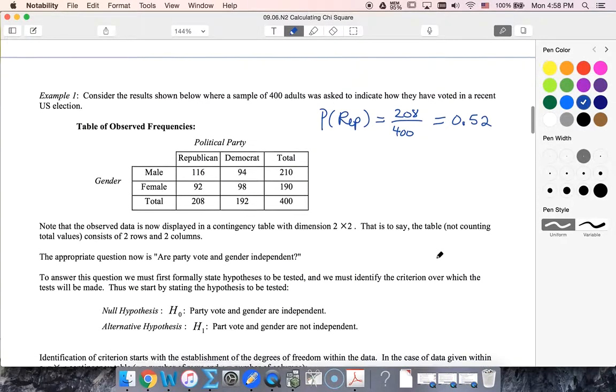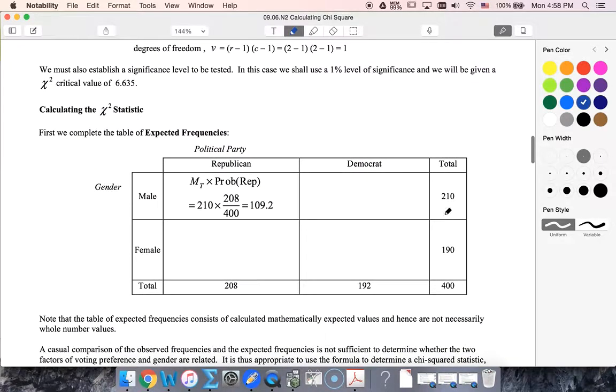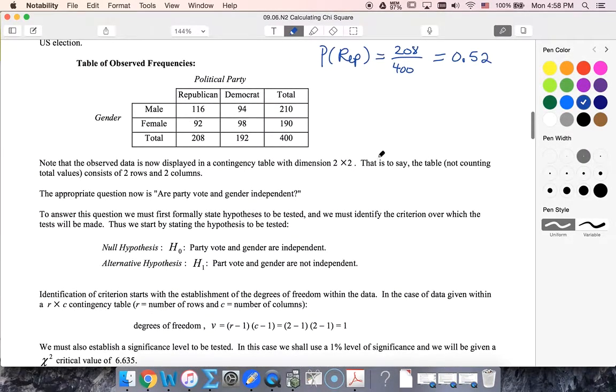Okay, so now my number of Democrats, I know it has to make a total of 210. So I could either do 210 minus my 109.2, or I could do 210 times the probability of voting Democrat. The probability of voting Democrat would be 192 out of the 400, or that's going to be 48%, because I know the total should make 100%.